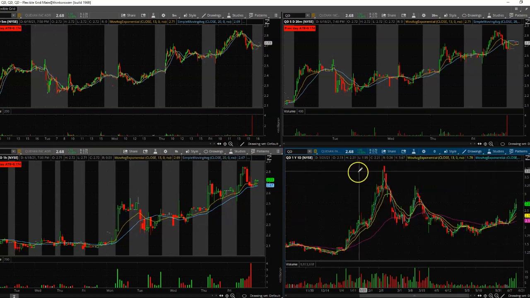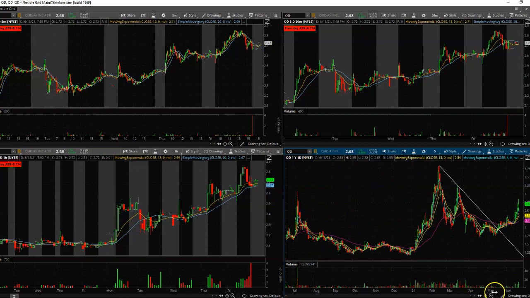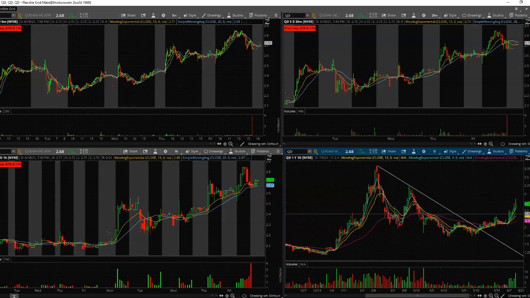So essentially what the 13 EMA reclaim is, it's just exactly like it sounds. It's a reclaim of the 13 exponential moving average, which is a short-term trend indicator we use quite often here at Iconic Traders. Basically, I was seeing that QD was breaking out of this long-term downtrend or flag on the daily chart.